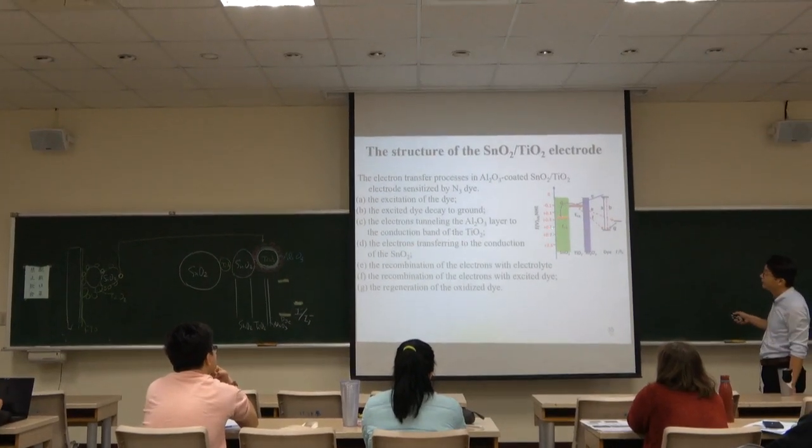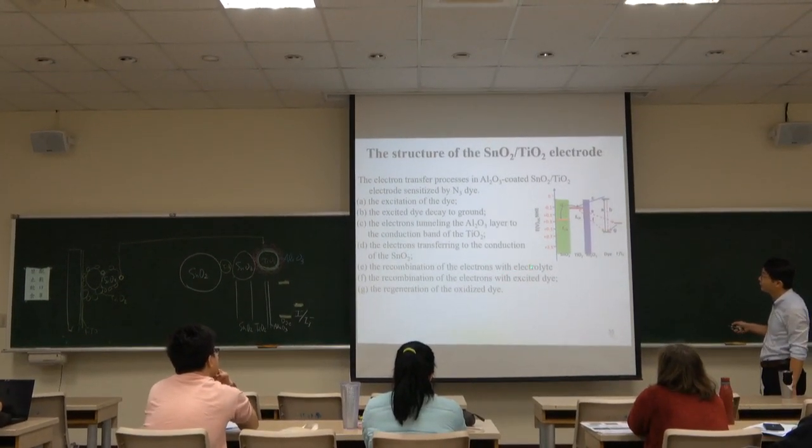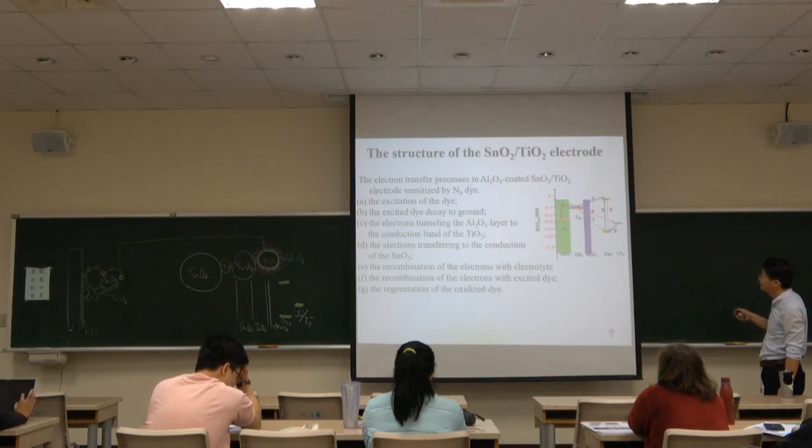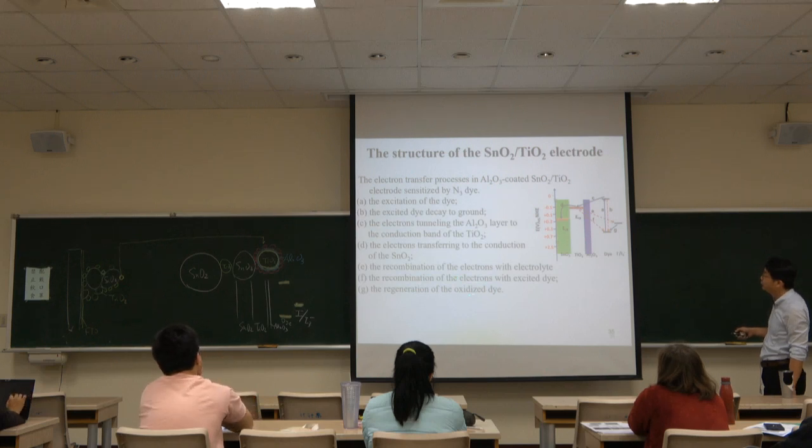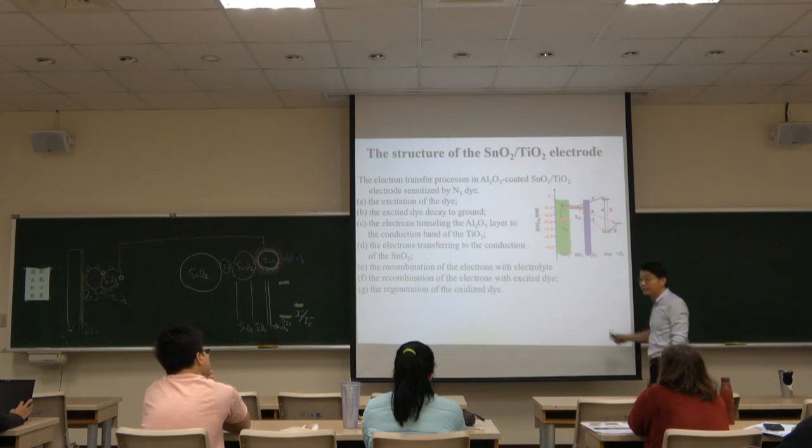Okay. And then recombination with the electrolytes. E. Okay, this is the electrolyte. Recombination of the dye. Oh, this is F state. G is the regeneration. Okay, regeneration of the oxidized dye. This is provided by I minus, the reduction state of the iodine. Okay, is that okay?